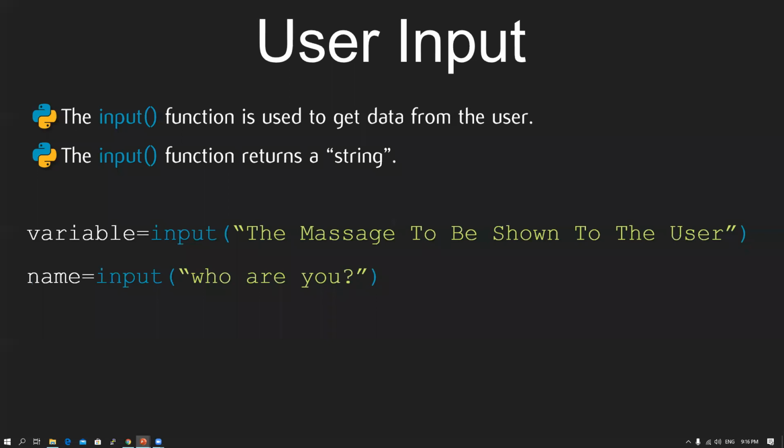In the last session, we plugged in the numbers ourselves, so it was static code. There wasn't a way for the user to enter the data unless you access the code.